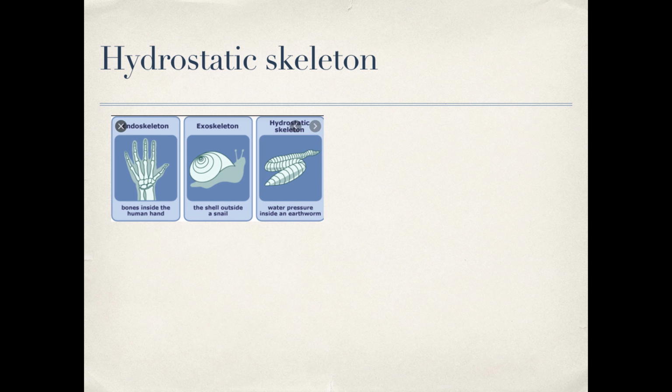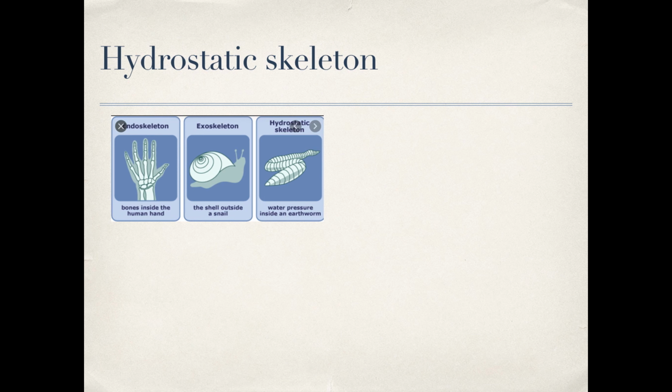But there are other skeletons, external skeletons, and an example of an external skeleton is a snail. It doesn't have any bones in its body, but it carries, as we used to say in the children's book, its own home on its back, and that is the external skeleton of the animals.